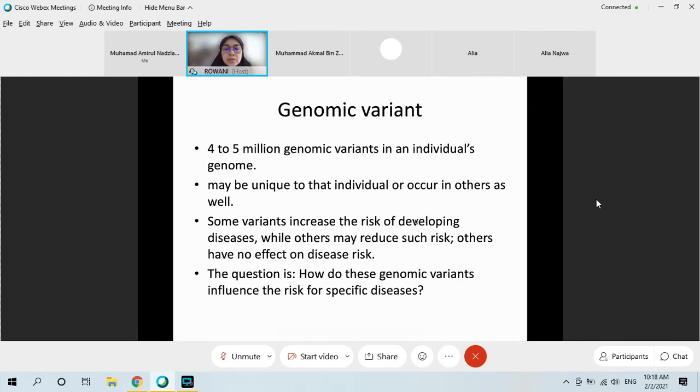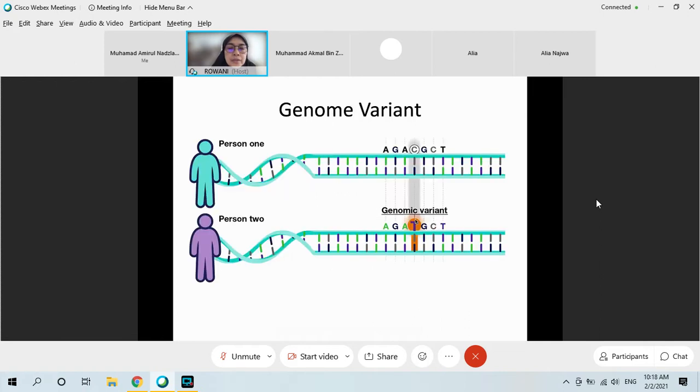So how does a genomic variant influence the risk for specific diseases? We're going to talk more about it later in our slides. Just again to highlight what a variation is.